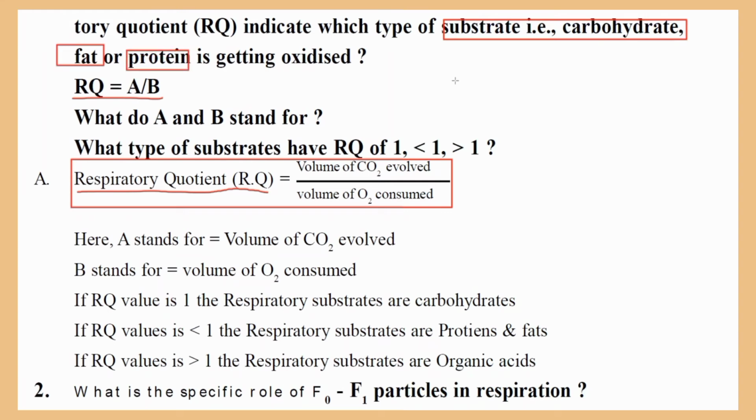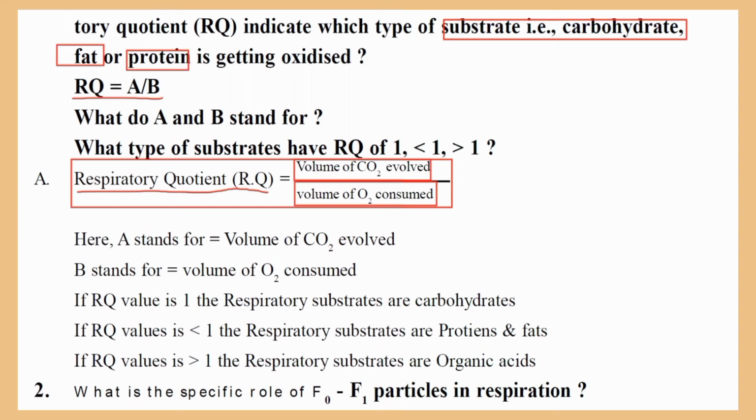To find the respiratory quotient, we have the formula: respiratory quotient equals volume of CO2 evolved divided by volume of oxygen consumed. Above we write the production of carbon dioxide, and below we write the consumption of oxygen.